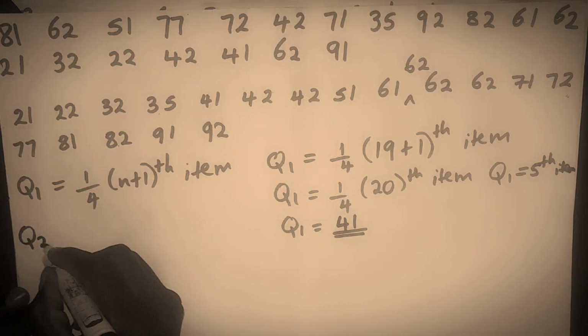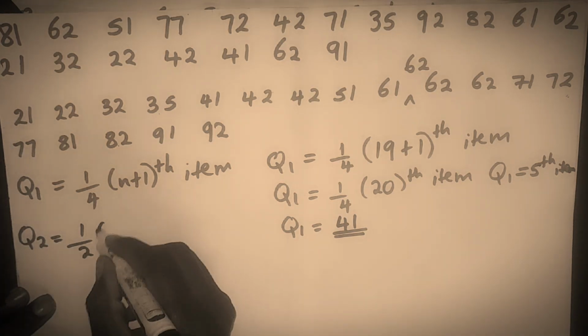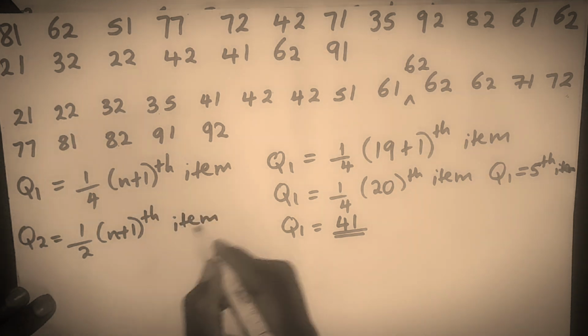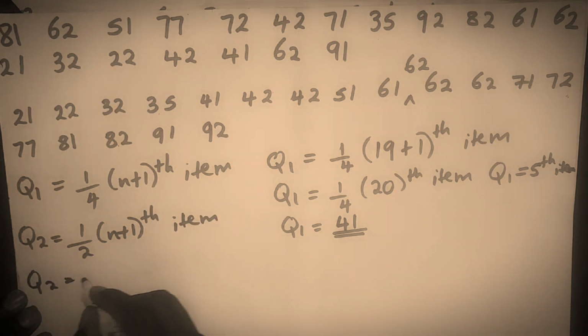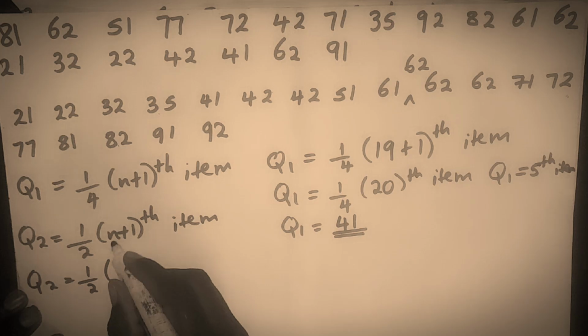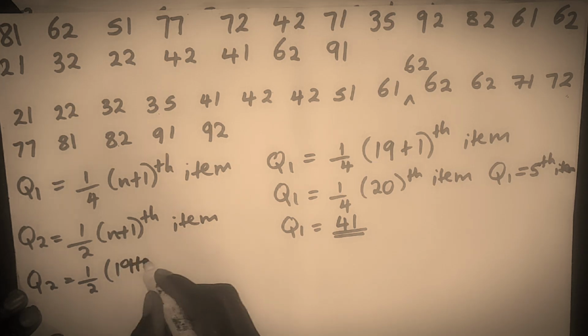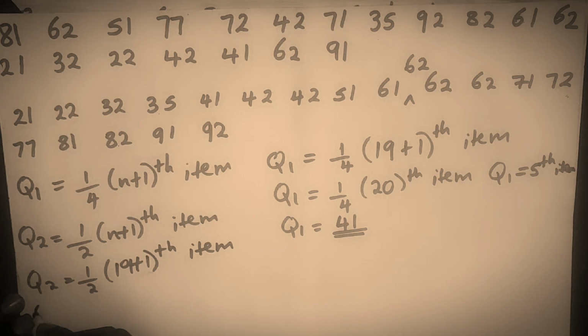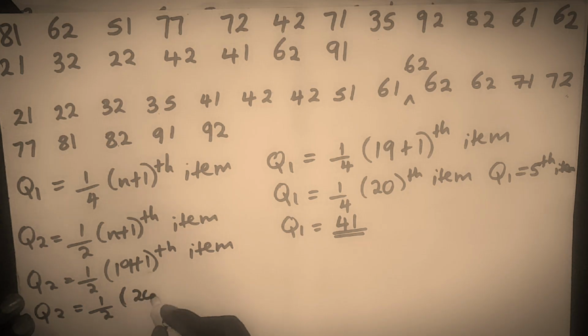Then the second quartile is equal to 1 over 2 of n plus 1 the item. We said that our n is 19, plus 1 the item. Therefore, the second quartile is 1 over 2 of 20 the item.